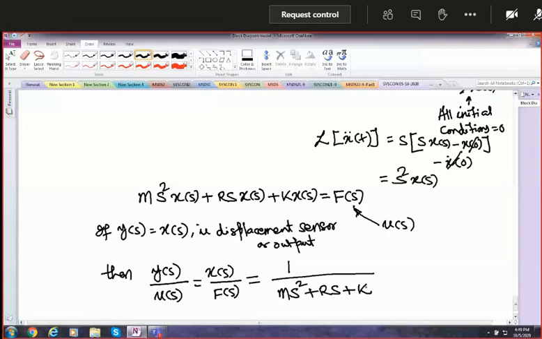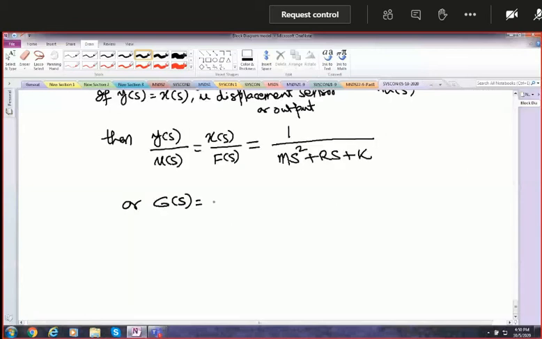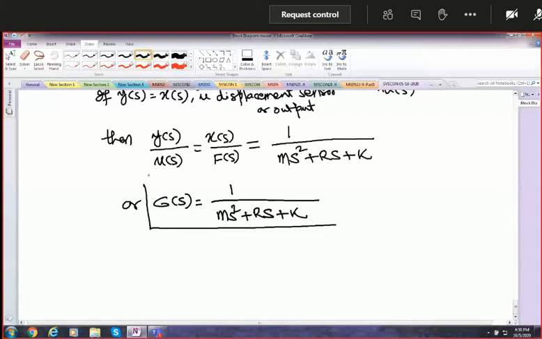This is what we get as our transfer function, or D(s) equal to 1 by m s squared plus r s plus k. This is the transfer function.